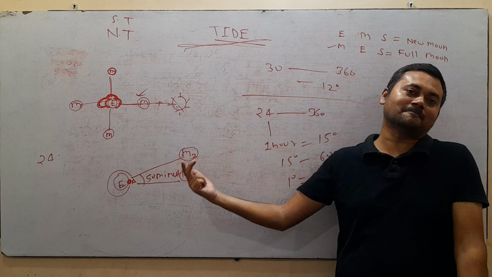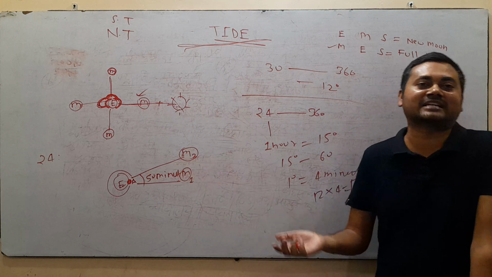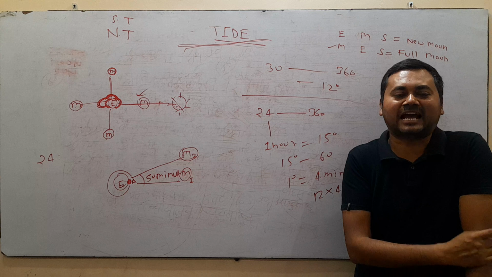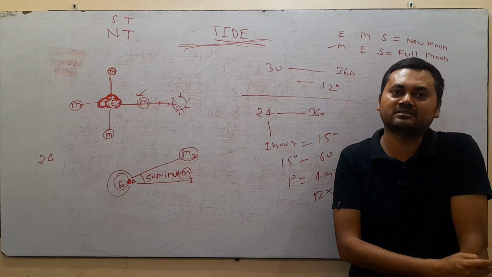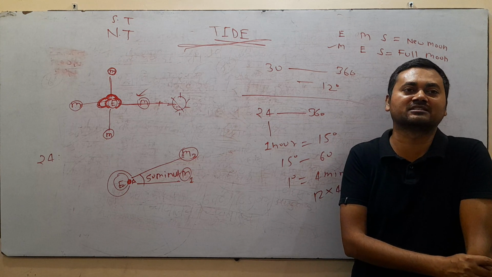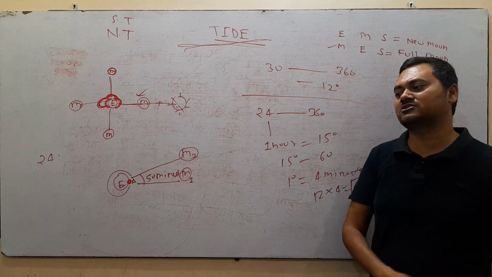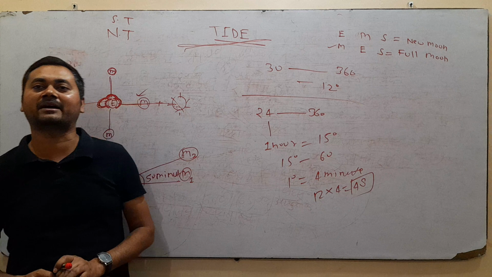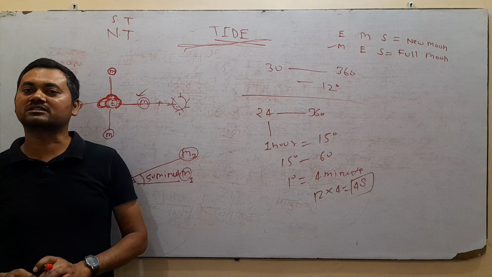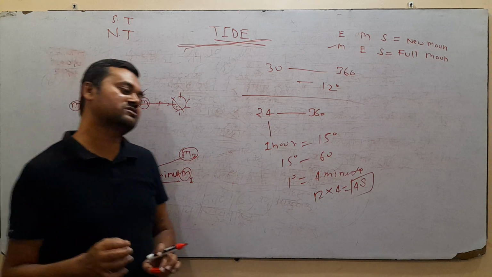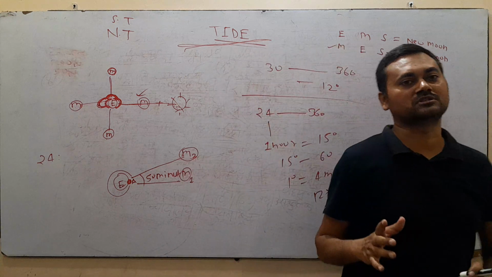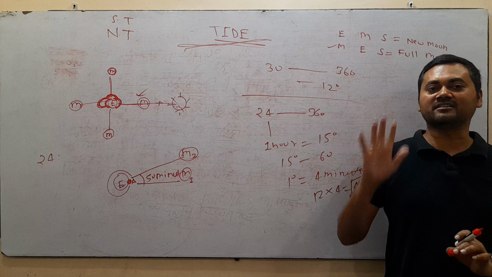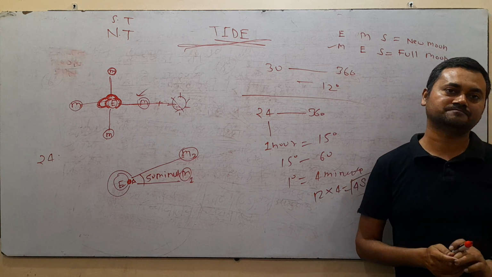Other than this, as far as the significance of tide is concerned, in India tidal energy, although a good source of energy, is not exploited as much. It is exploited by countries like Japan, France, USA, China, and the most important one is South Korea, as the biggest tidal power plant in the world is located in South Korea.